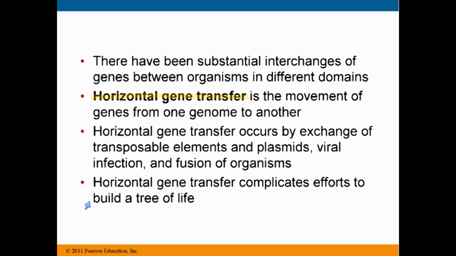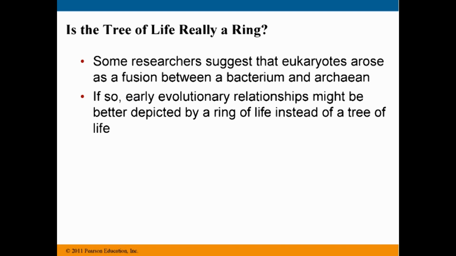So making this tree of life can be very difficult because of this horizontal gene transfer, because of information being passed between species, if you will, that wouldn't normally pass information. So the question here is: is the tree of life really a ring? It's thought that eukaryotes may have arisen as a fusion between a bacterium and an archaean.